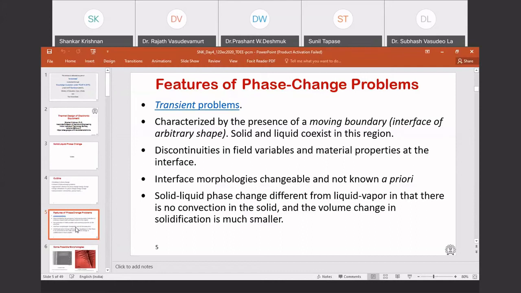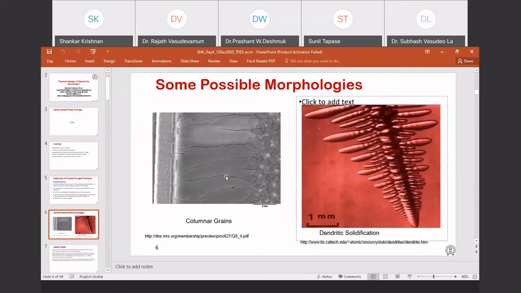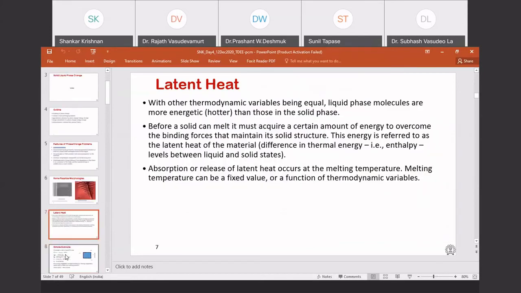And if you are not using a pure phase change material, then you could encounter many different morphologies like dendritic solidification or columnar grains and so on. And on top of it, not just specific heat, now latent heat needs to be incorporated in the calculation. If I'm melting, then I have to supply additional heat over and above the specific heat, so that a solid material can be loosened up to a liquid, essentially make the molecules more movable. That is the liquid state.